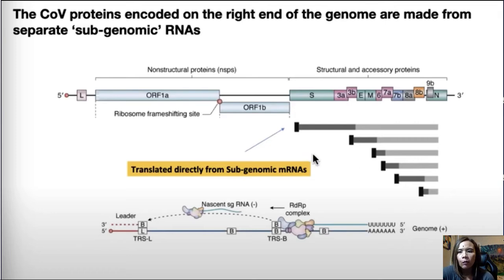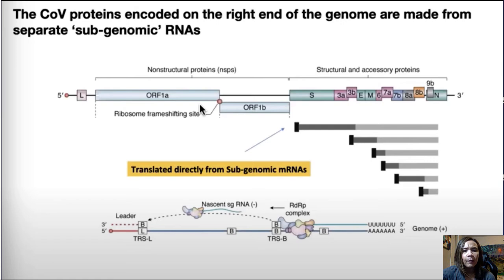Looking at this diagram right here, every gene starts at 5' and ends at 3'. So each gene will keep making the protein from the genes on the right end of the genome. And to do this viral copying, at the boundaries of each gene, there is a signal called the transcriptional regulatory sequence.